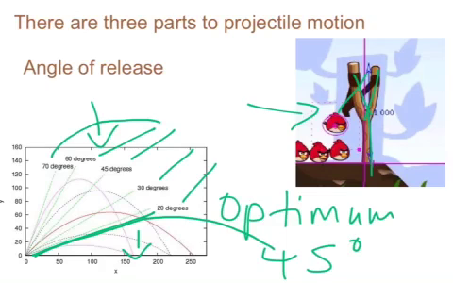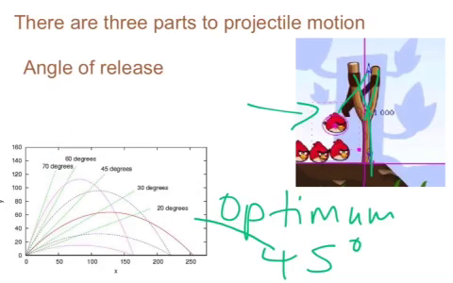The reason why is the vertical part. If we have a look at the different angles over here, in particular the 45 degree angle, it's got a great vertical and horizontal aspect to it, and it allows it to travel further. So if we're applying it to any throwing events, 45 degrees is our optimum angle of release. That will obviously change depending on the context and what you're trying to do.